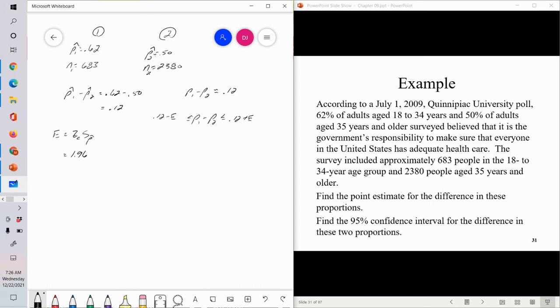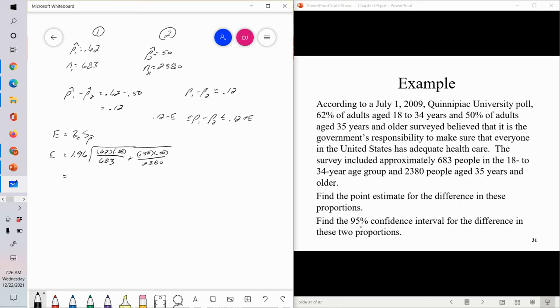We want to be 95% confident, so our z score is still 1.96. Now, instead of just multiplying by the square root of 0.62 times 0.38 over 683, which is p hat 1 q hat 1 over n1, underneath that radical, we need to add the second set of values, which is p hat 2 q hat 2 over n2.